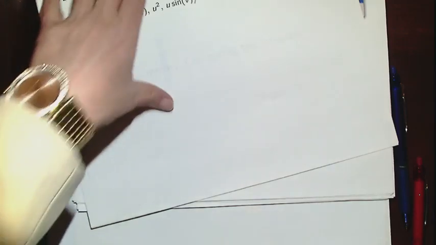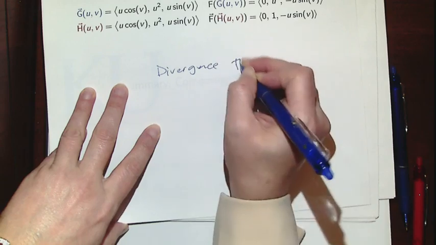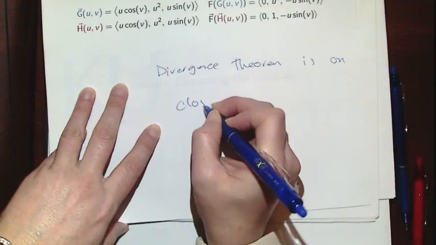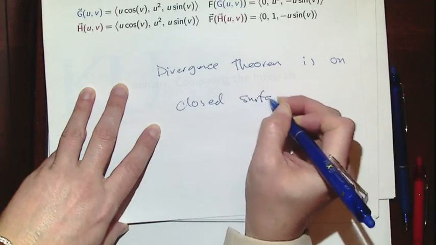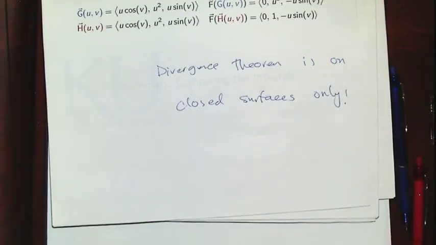Yes, divergence has to be on a closed figure. Divergence theorem is on closed surfaces only. That was the story.